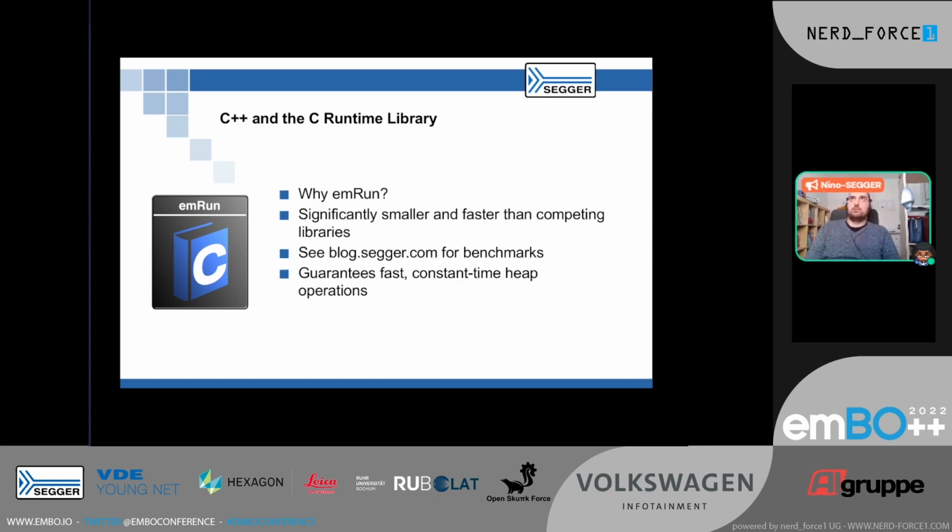To get back to the topic, why exactly did we pick mRun? Well, I said it was the obvious choice because it's there. But it's also, of course, smaller and faster, and you can read the benchmarks on our blog, or also, I think, on our website we have some benchmarks where we compare the library against other proprietary competitors and some open source libraries, and the numbers are quite in our favor.